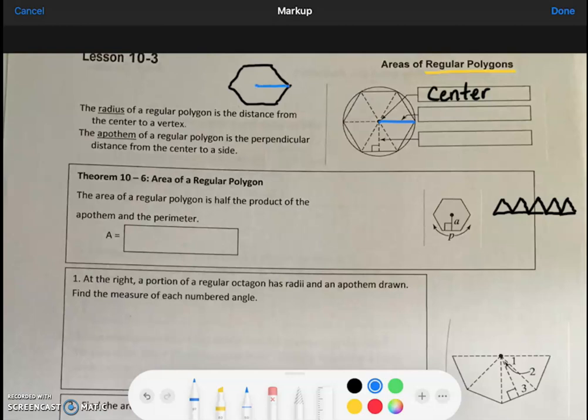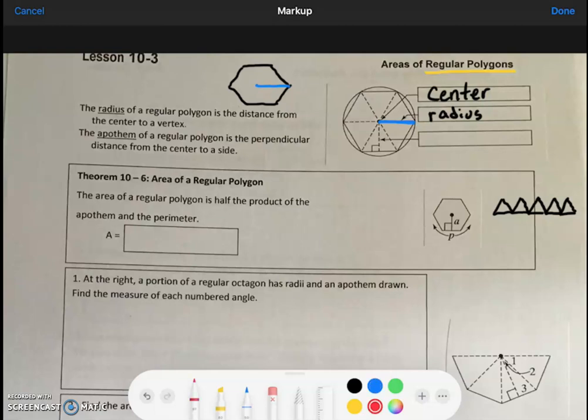This blue line right there is called a radius. Now it's strange to be a radius inside a regular hexagon, but you can see if you put the hexagon in a circle that this blue line does hit the edge of the circle, which thus makes it a radius.